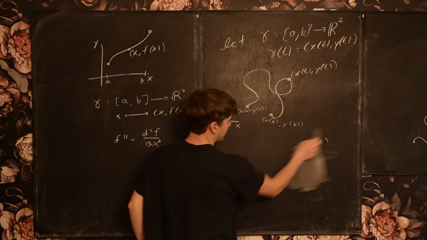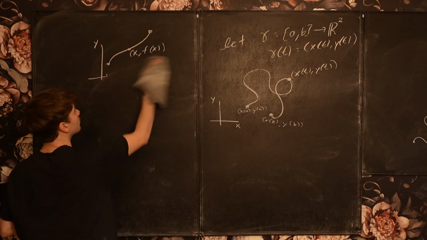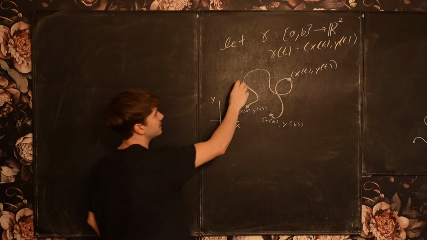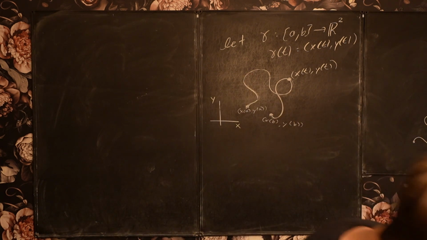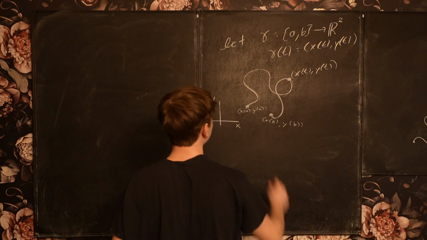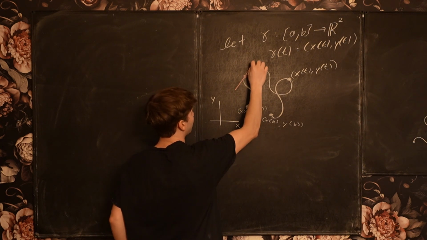Well, analogously to the one-dimensional case, we need to look at a tangent line to this curve. So let me use a different color. Okay, so we first need to figure out an equation for the tangent line to this curve.